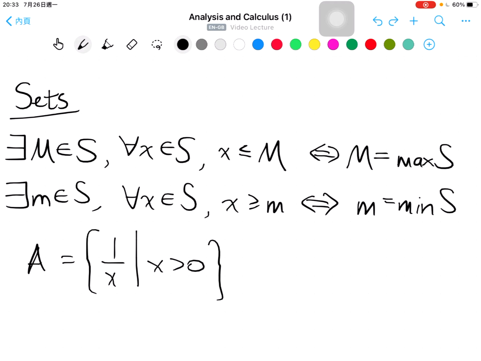Right? So how do we say that nothing is going to be smaller than a number, but this number is not the minimum of the set?